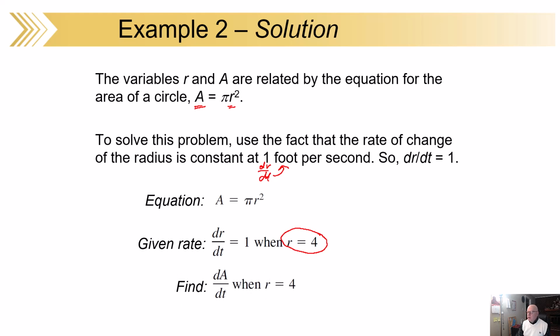So we'll take the derivative of that equation with respect to time, and we're going to find out dA/dt when r equals 4. Notice what we've done here.